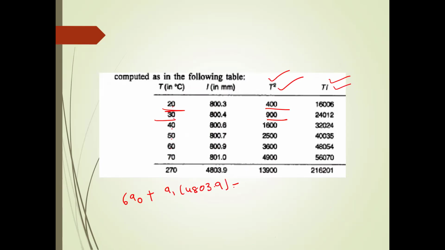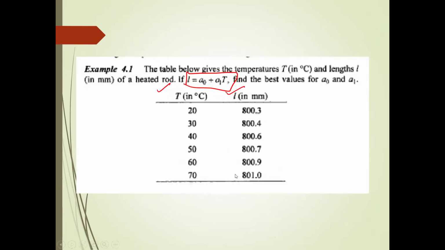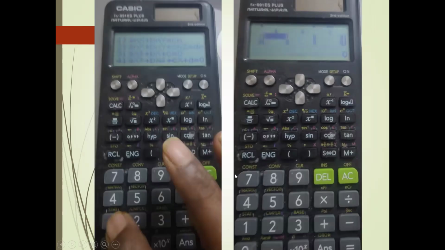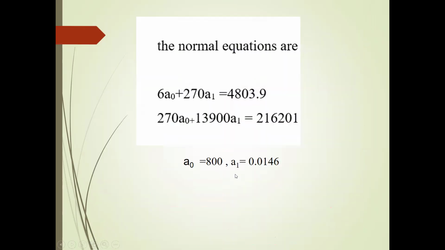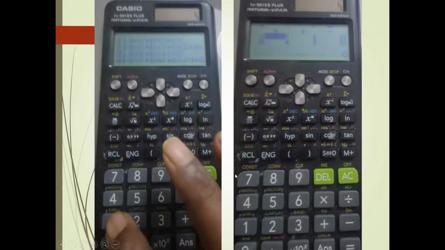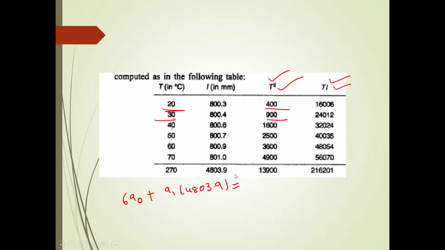4803.9 is equal to, sorry, here A1 into 1 minute. So here 1, 2, 3, 4, 5, 6, 6 A naught plus sigma, what is the formula?